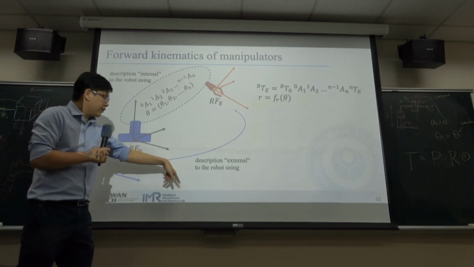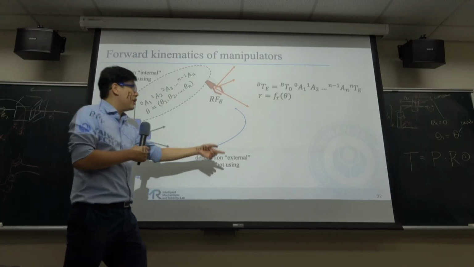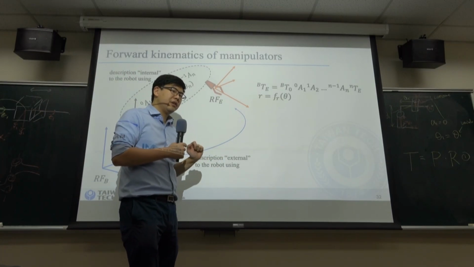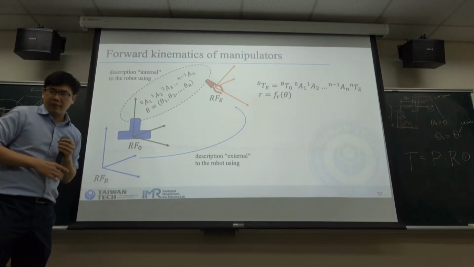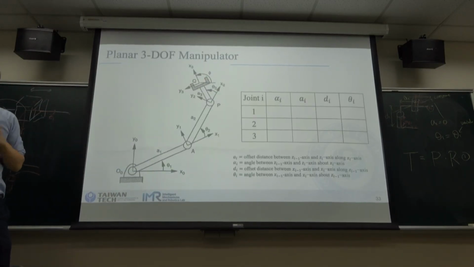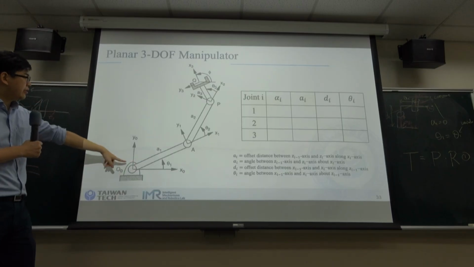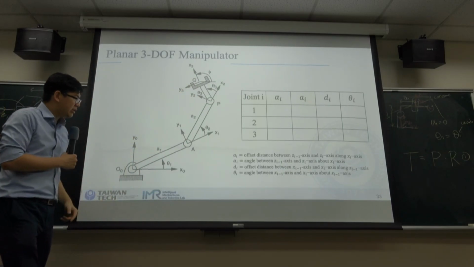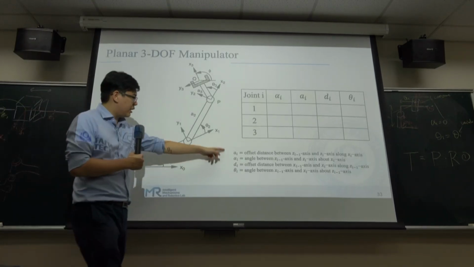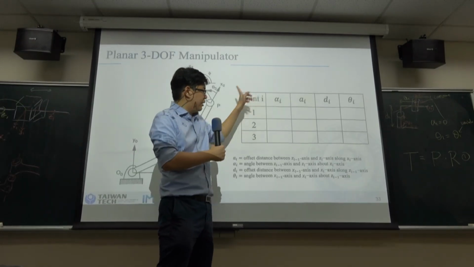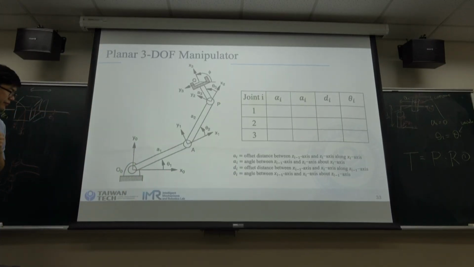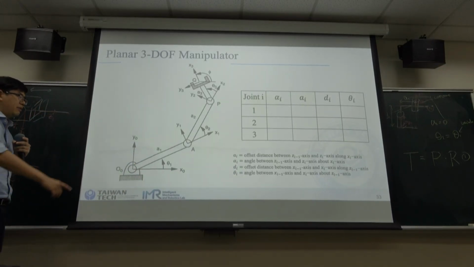And from the external, we want to know the XYZ position and also the direction. Let's try. This is a 3-arm planar manipulator. So follow these rules, and let's fill up this DH table. Maybe you can try it.